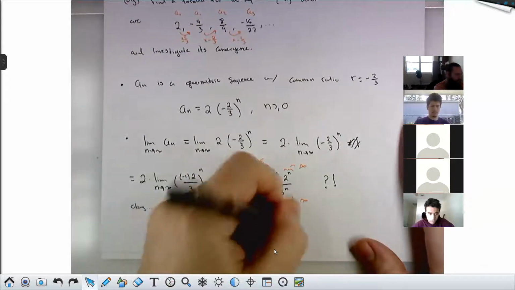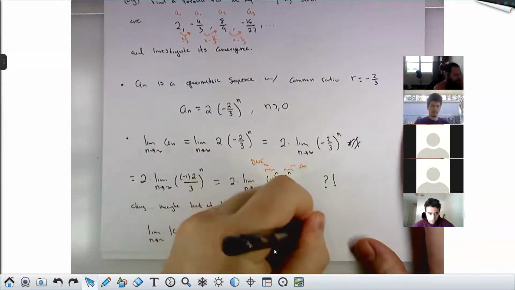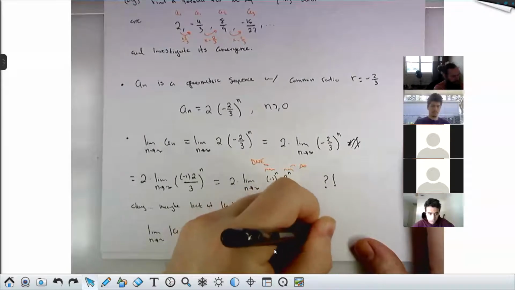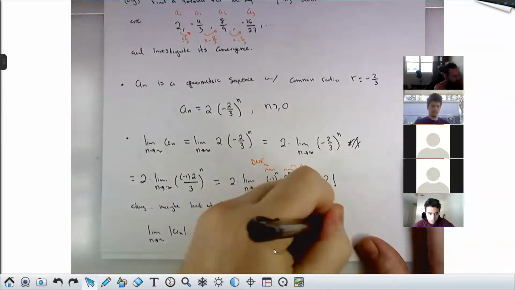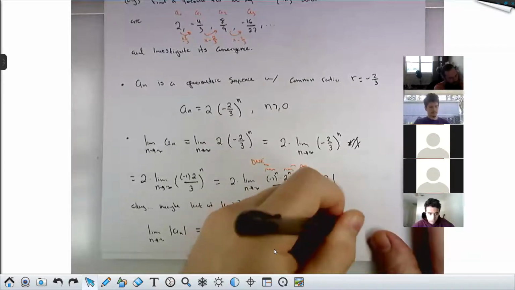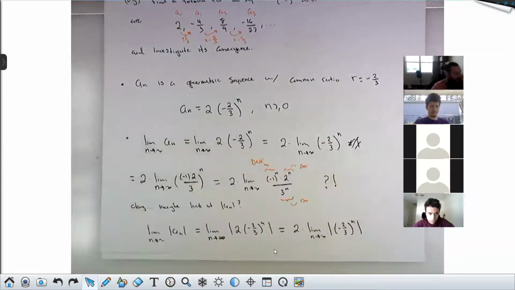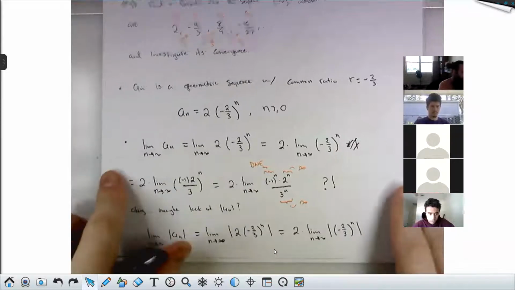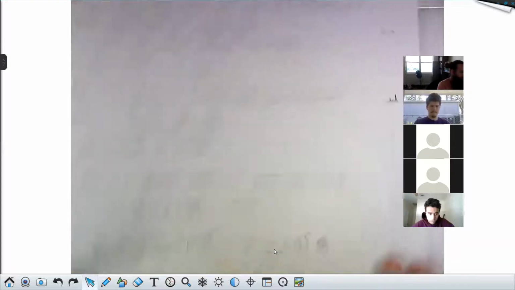Again, the 2 can pop out. Remember, absolute value is multiplicative, so this is the same as the absolute value of 2 times the absolute value of that, and the 2 is a constant multiple, so it comes out. The fun happens here.